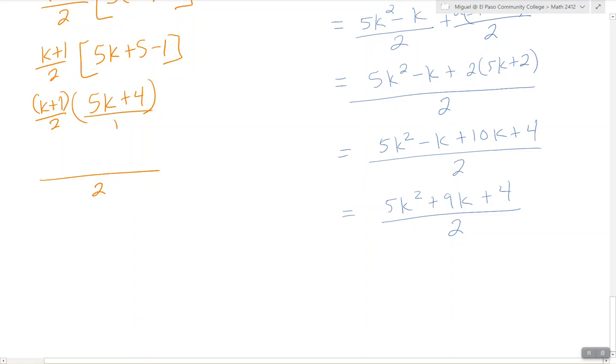FOIL on top, we get k times 5k, k times 4 plus 4k, 1 times 5k, 1 times 4.